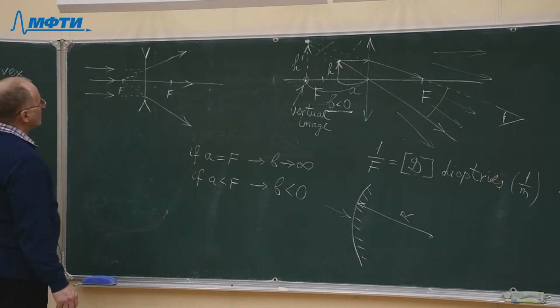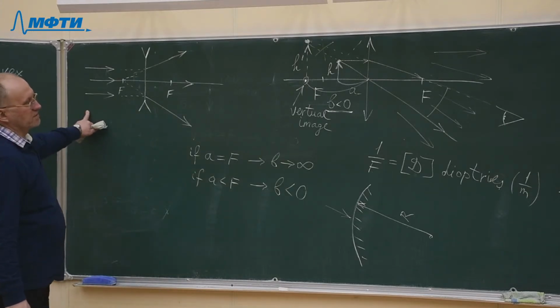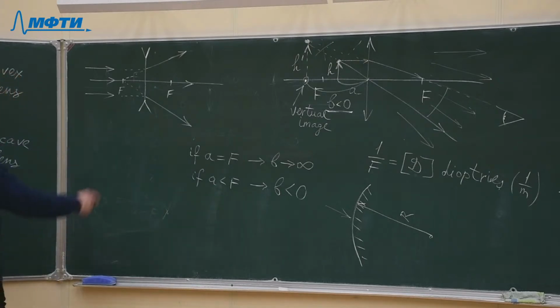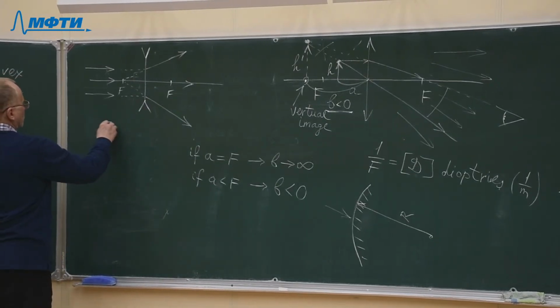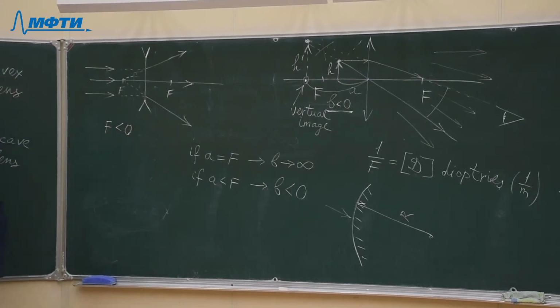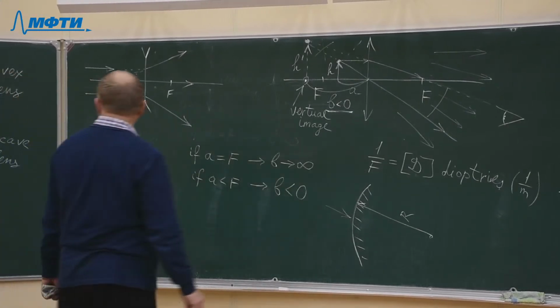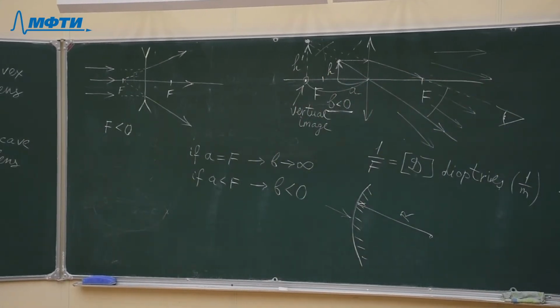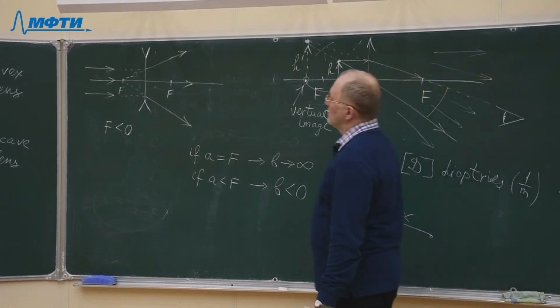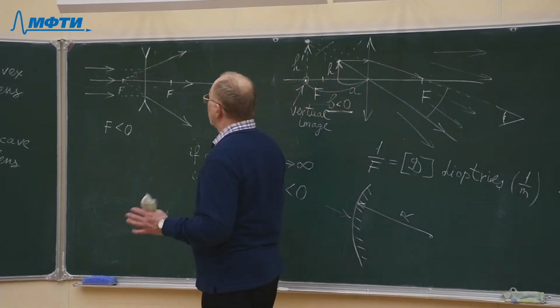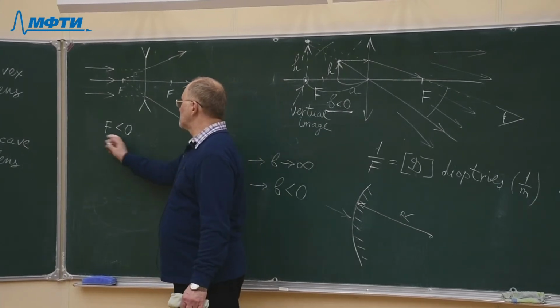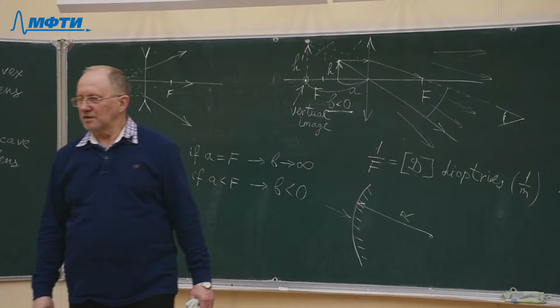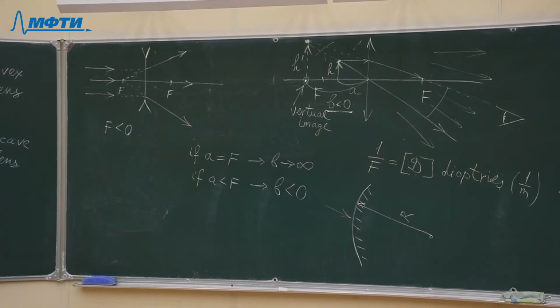And in this case, the lens formula also works, but the focal distance must be considered as negative. For a concave lens, which is a dispersive instrument which makes the parallel beam of light diverging, the focal distance must be considered negative in order to use the lens formula.